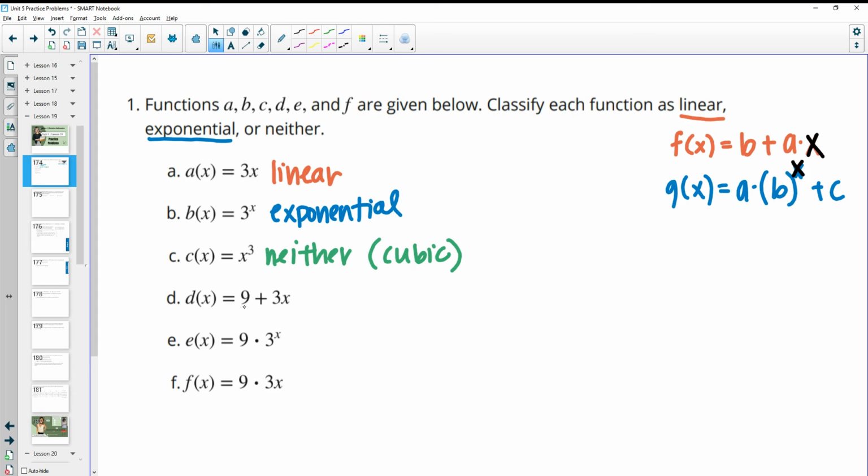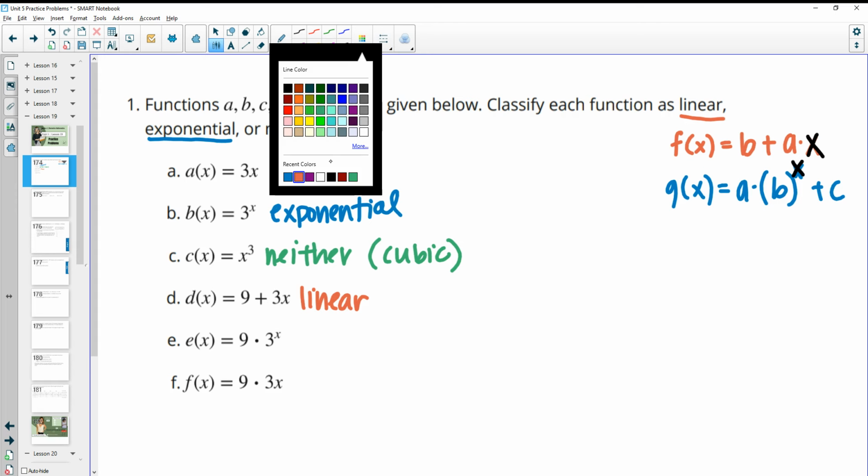Function D has a number plus 3 times x. So again, we are multiplying by our variable, right? So that's going to be in the form of a linear function. E has a number times 3 to the x power. So again, our variable is in the exponent.